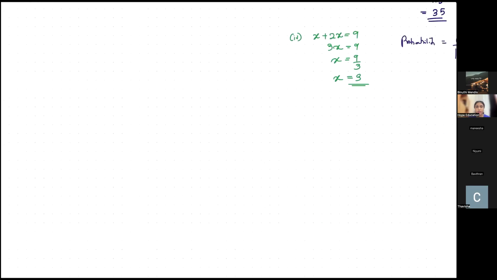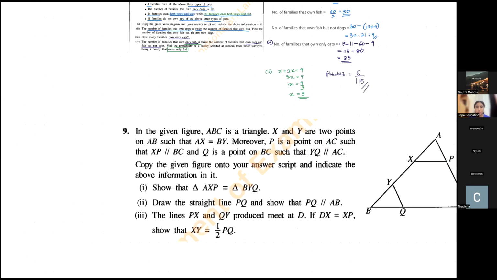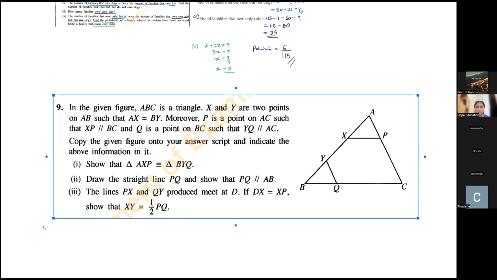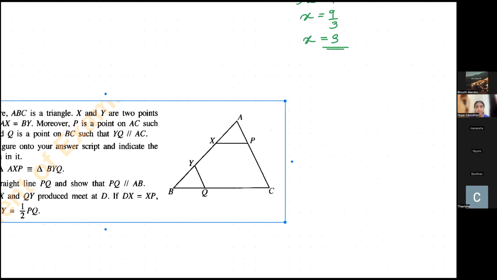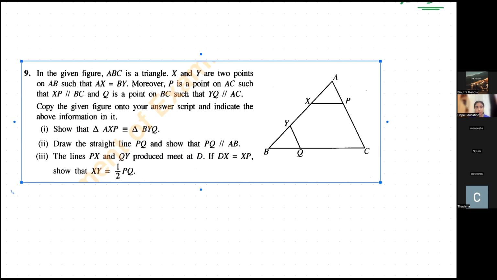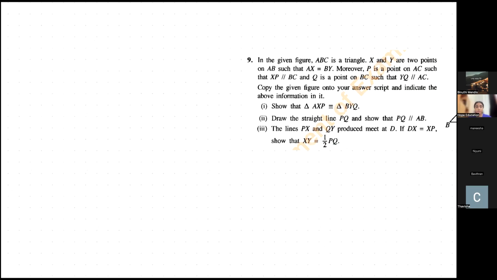In the meantime, we have trigonometry to do, tangents, and that last circle question lesson. These are the lessons we have to do, no?